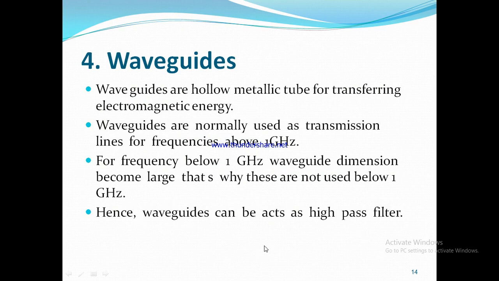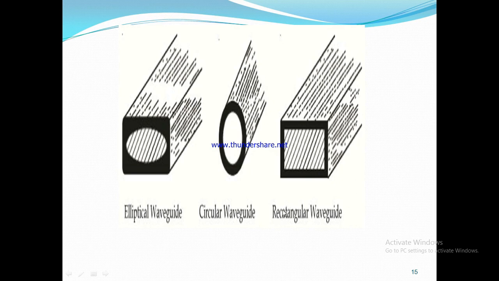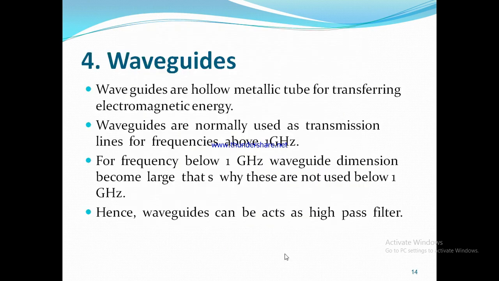Waveguides can handle more power than coaxial lines of the same size. They are normally used for frequencies above 1 GHz, and waveguides can also act as high pass filters.